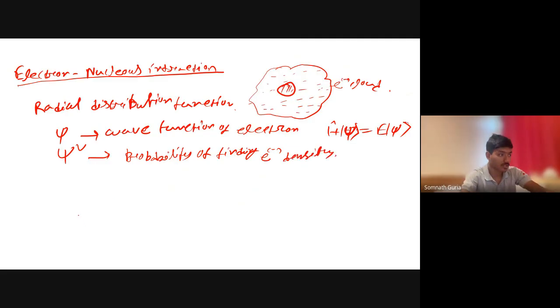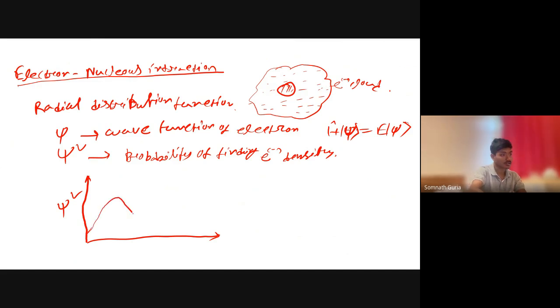If we plot the radial distribution function with respect to the radius, the distance between the nucleus and the electron, it looks like this. This is the probability, psi square, for the 1s orbital.